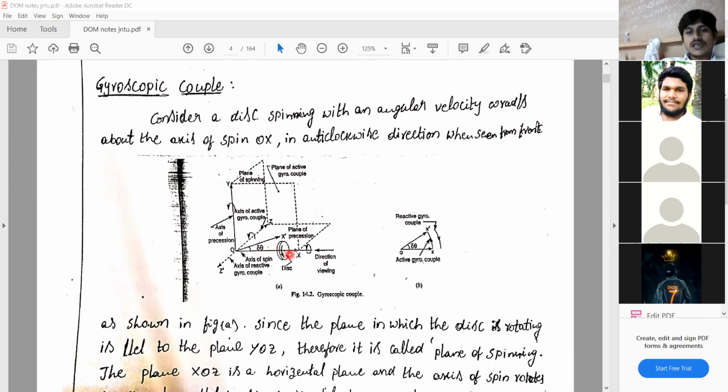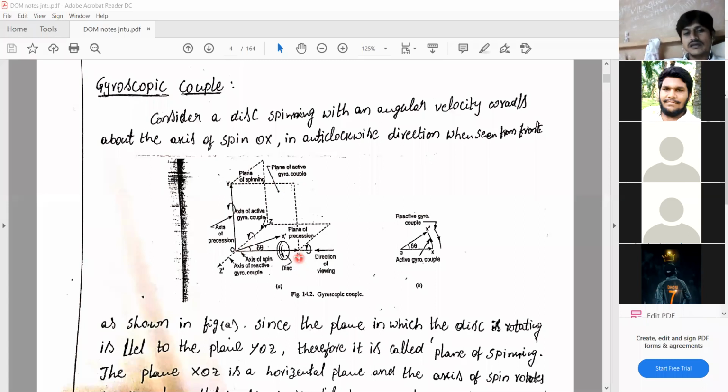Next, XOZ is called the plane of precession. And another plane, XOY, is called the plane of active gyroscopic couple.